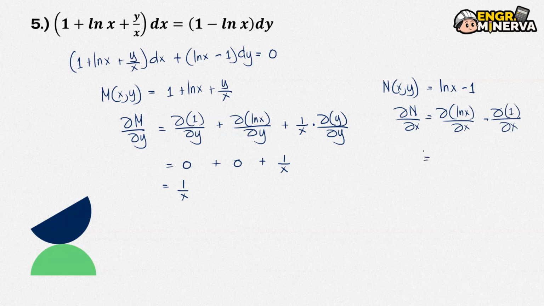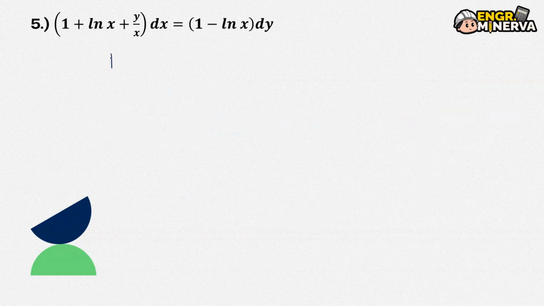The derivative of ln x is 1 over x minus 0, and eventually that would be 1 over x. So this differential equation is exact. And since this is exact, we can now solve for the function f of x, y.